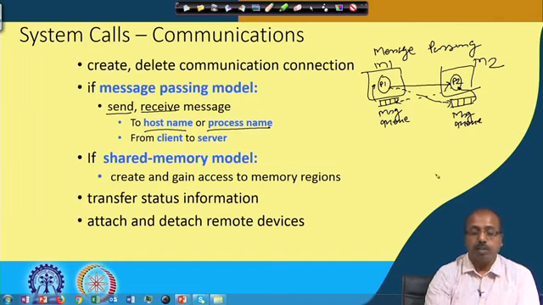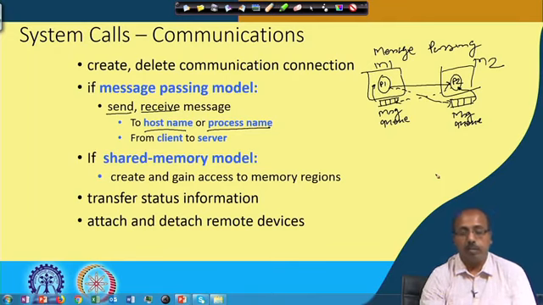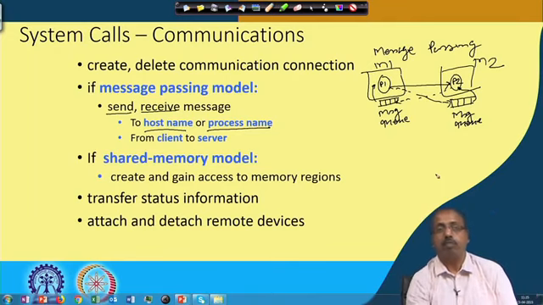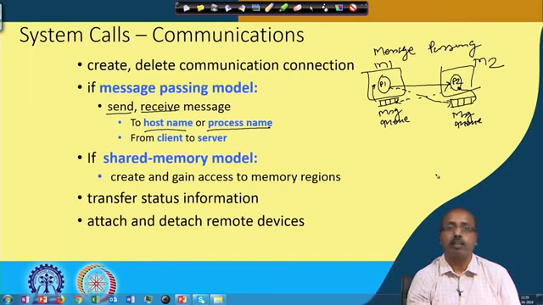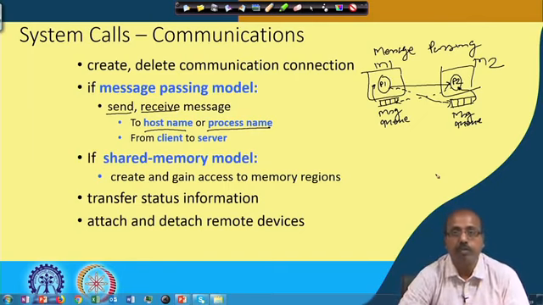Then also we would like to have this communication mechanism. We should be able to send and receive messages across hosts or across processes, or from client to server. The client wants to send some message to the server, and from server to client also some message may go. So we must support this type of system calls in the operating system.